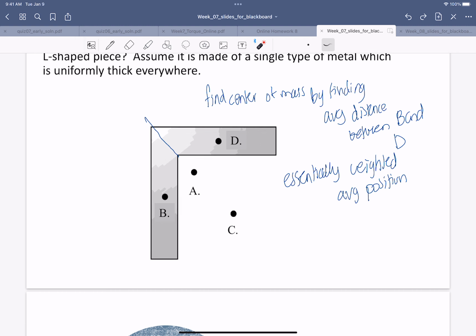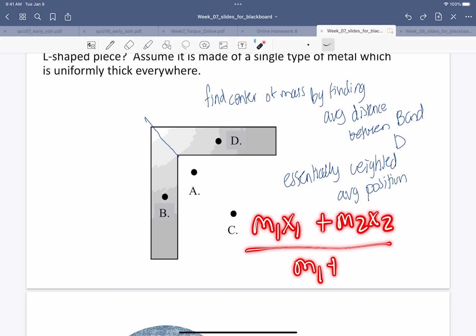Actually, it wouldn't even be their own masses. I made that mistake. It's going to be the same mass at B and D here, because B and D are both points along the object, so the mass is the same. So it's m1x1 plus m2x2, divided by m1 plus m2.